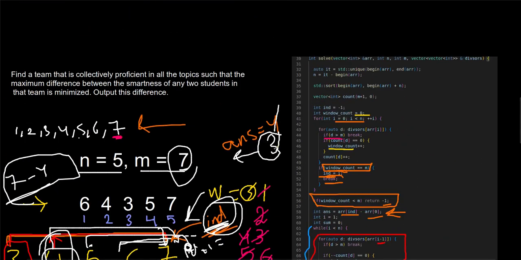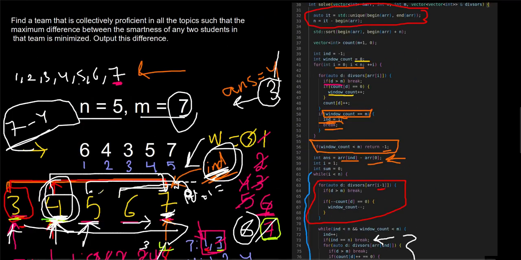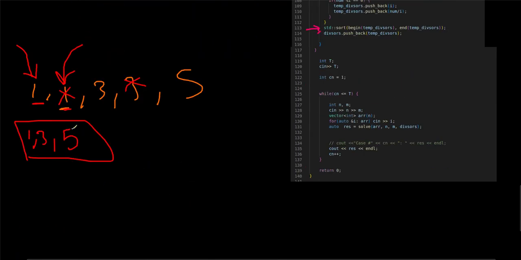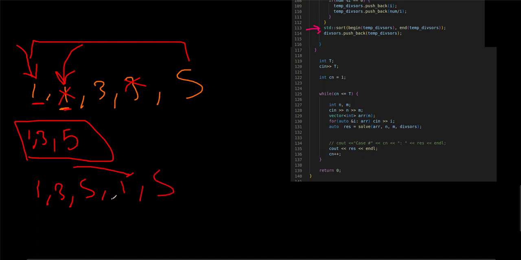And this is what we did at the beginning here using the unique function. It will not sort the array, it just will take the unique elements of the array, so 1, 3, 5, and the other elements will be put at the end, and this will be the end of the array.